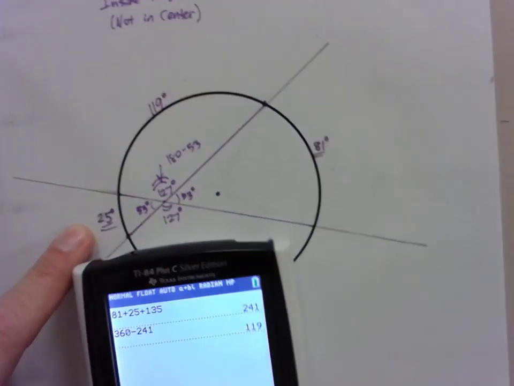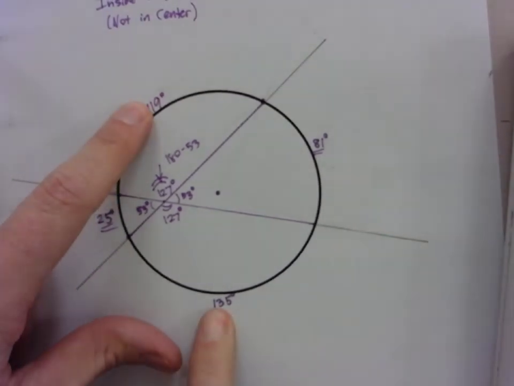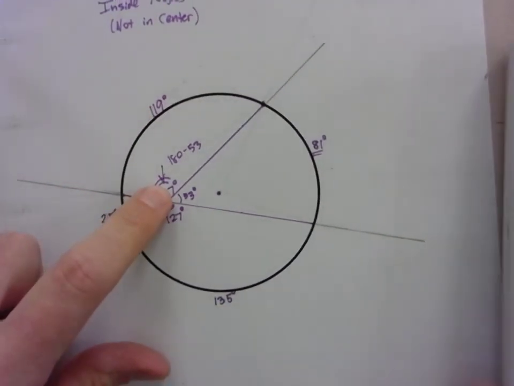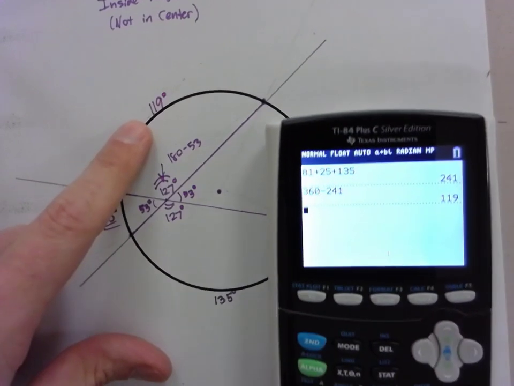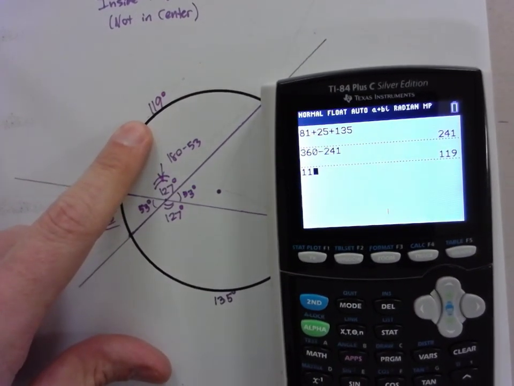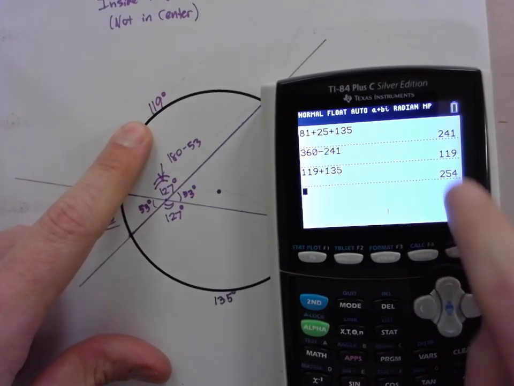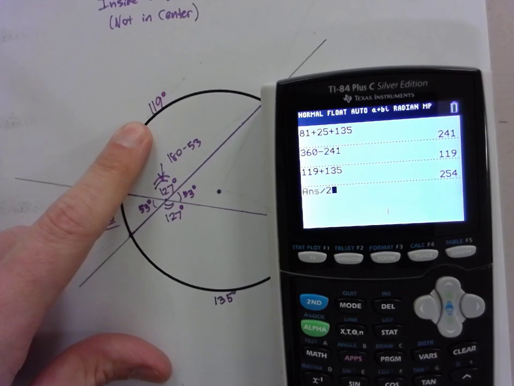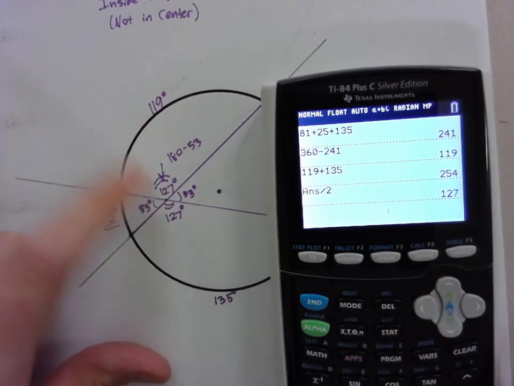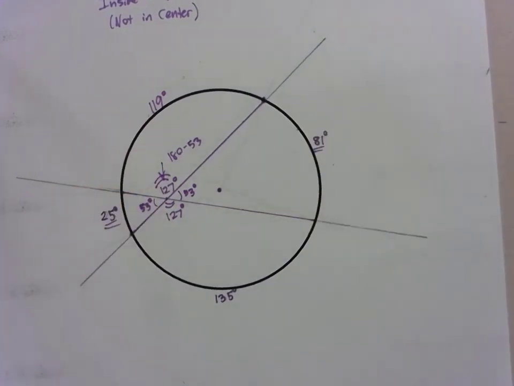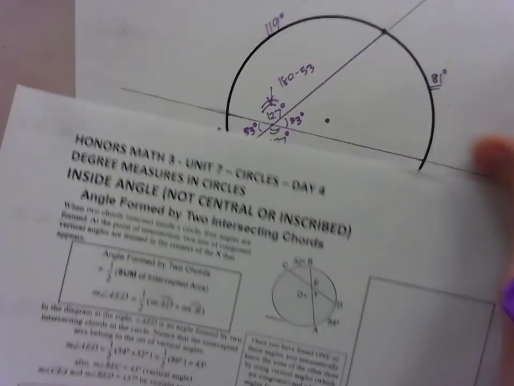Well, let's verify that these two averaged together will get you 127. So if I do 119 plus 135, that's 254. If I cut that in half, there's my 127. So that relationship is pretty solid for all these circles. I simplified a little bit.